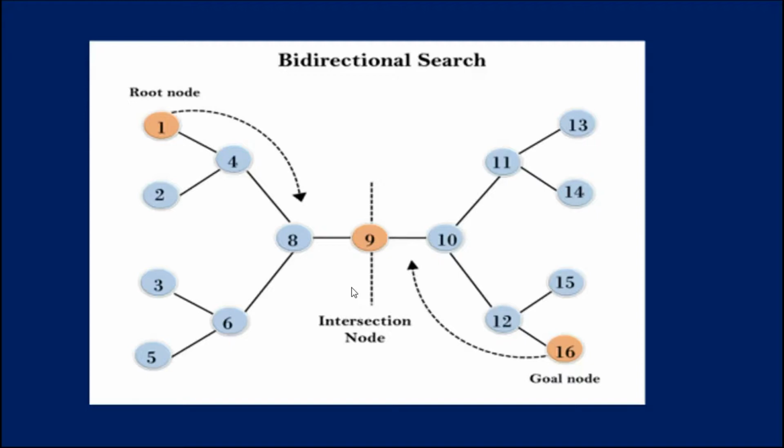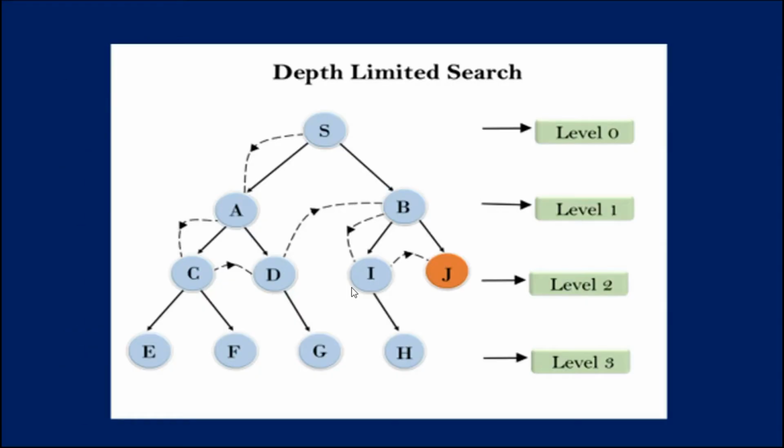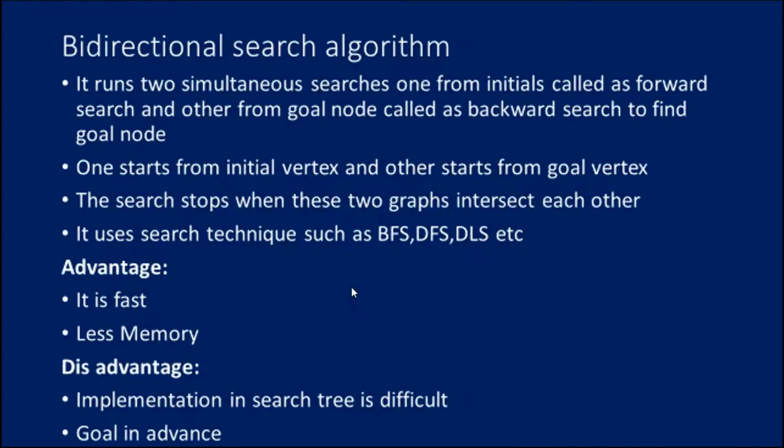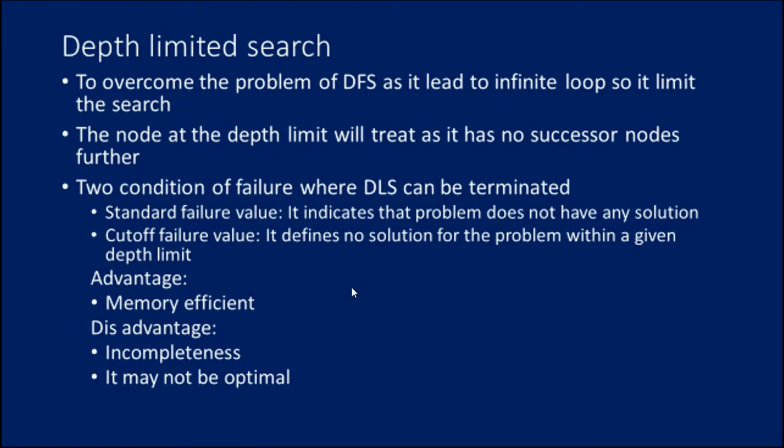And just before this, we have seen depth limited search. So we have seen these two searches in this slide: depth limited search, and next comes bidirectional search. Depth limited search is meant to overcome the problem of depth first search, since DFS can lead to an infinite loop. So to limit the search, we use depth limited search.